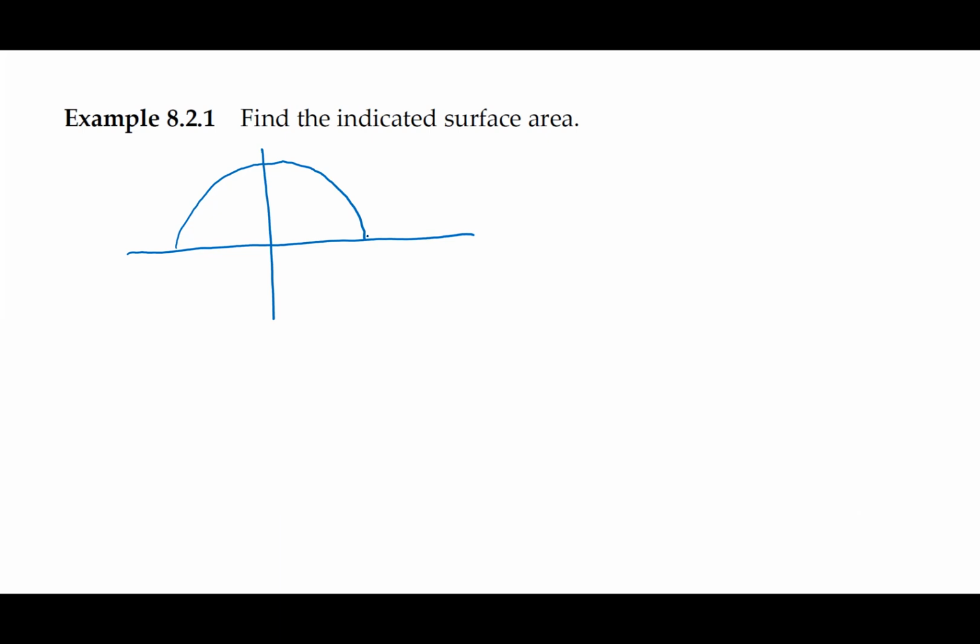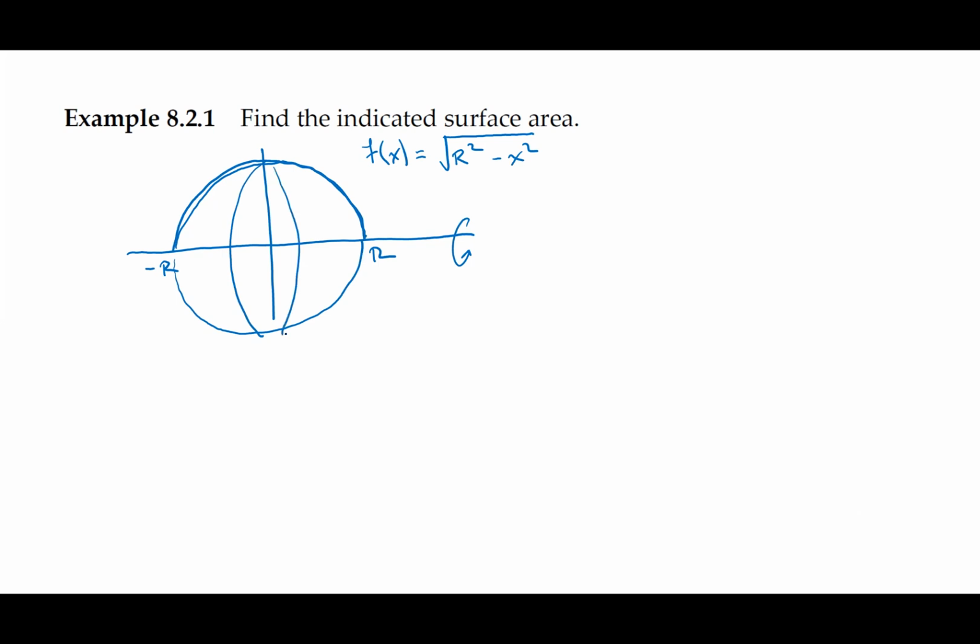Well, I'm going to pick the function square root of r squared minus x squared. That's going to be this top half of the circle. And so if I rotate it, then we'll get this sphere.